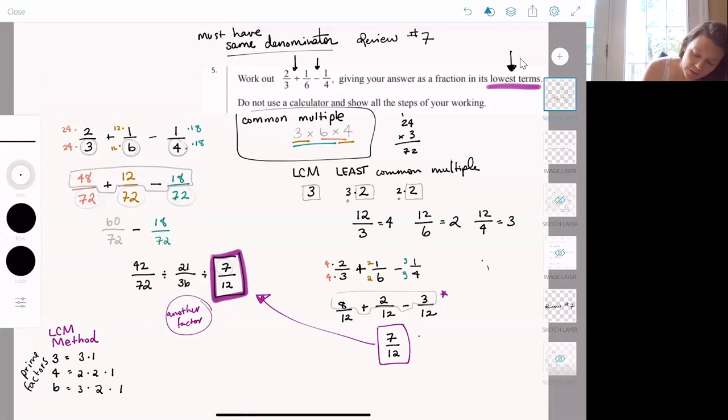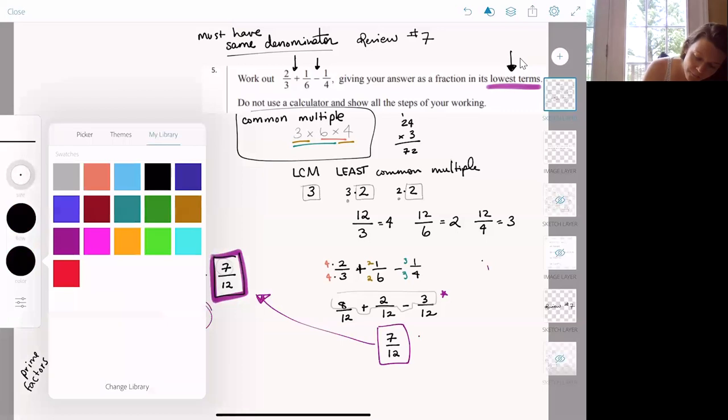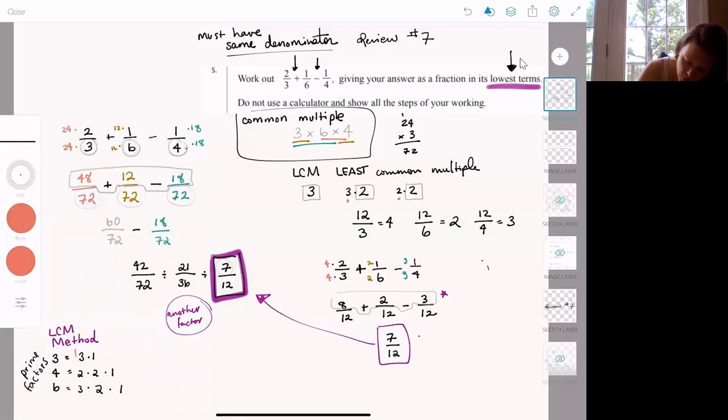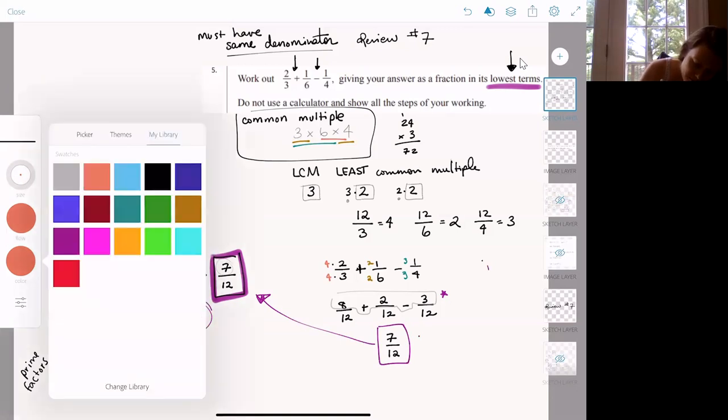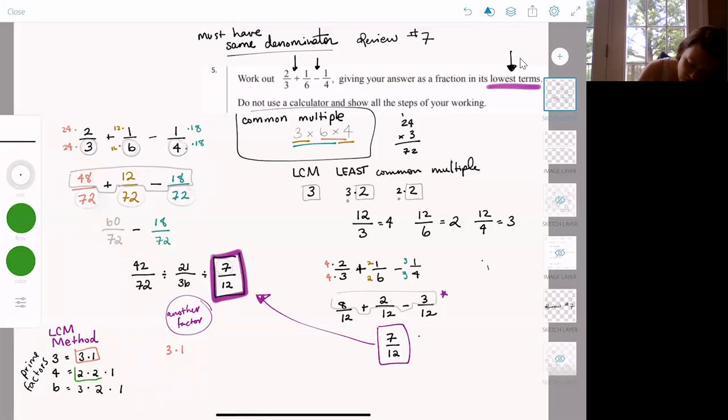So then from each one of them, we want to choose the parts. In my LCM, I need a 3 and a 1. I'm going to need two 2s. I already have the 1, so I don't need to worry about that. We'll multiply by 2 twice.